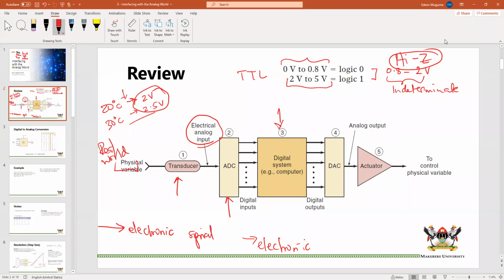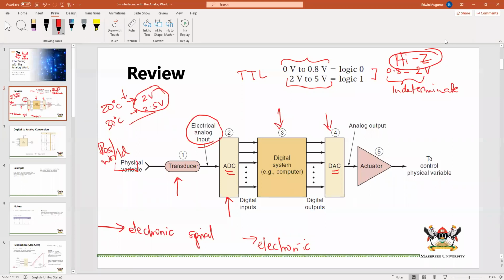Usually, that's not where we stop, because we want to do a process or some activity that we call actuation. And so after processing, we need to convert back into an analog signal, and we use a digital to analog converter. This is an analog to digital converter, and that's a digital to analog converter.